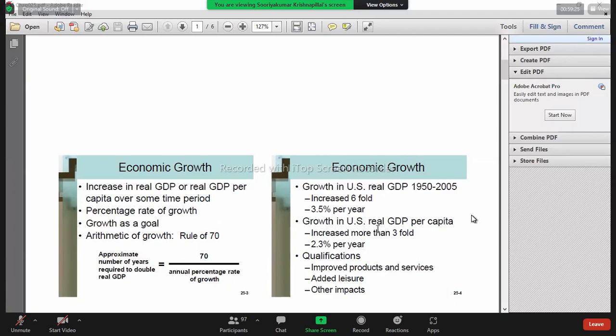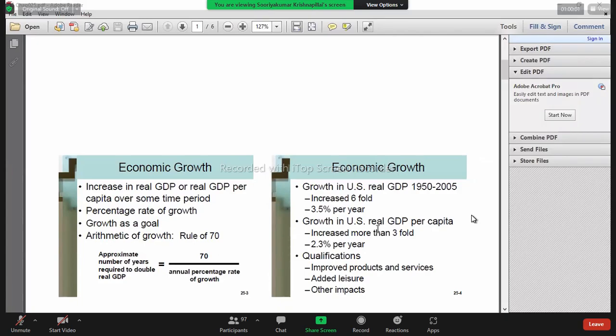So the best measure of the living standard of the people in a country is real GDP per capita, rather than the increase in real GDP. But we can calculate the percentage increase in real GDP, and also real GDP per capita.